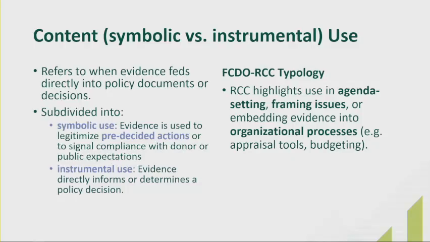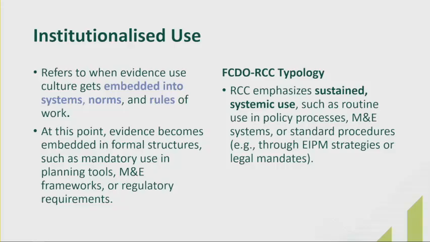And then the final use case we look at is the systemic one, the institutionalized use. This is where evidence gets systematized within the work environment. So it becomes institutionalized, in that there are incentives in place to support evidence use.